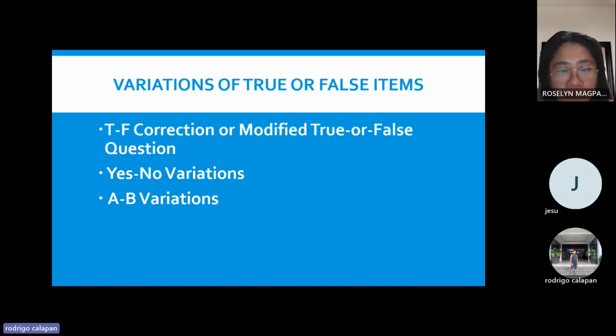Write A if the statement is true, and write B if the statement is false. Of course, because true or false test items are prone to guessing, as learners are asked to choose between two options, utmost care should be exercised in writing true or false items.